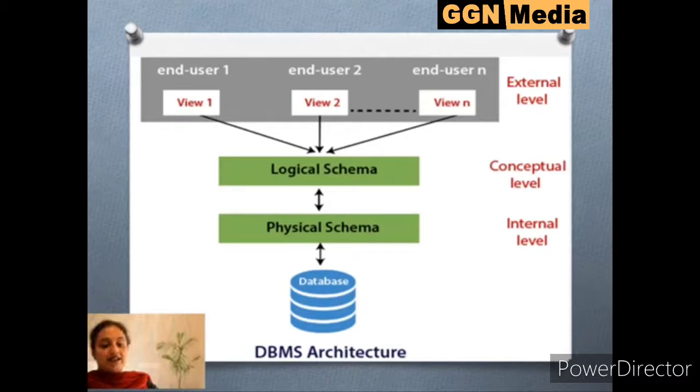The second level, that is conceptual level, has only one schema or one view, that is logical schema. Third level is internal level, which has correspondingly only one view, that is physical schema or physical view, which is used to access the database and get the retrieved data as per the user's requests.